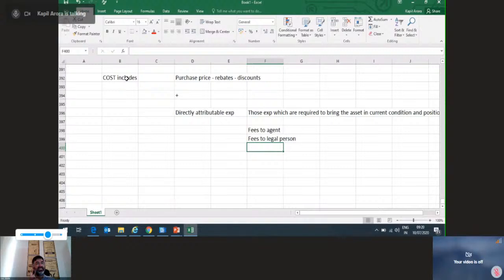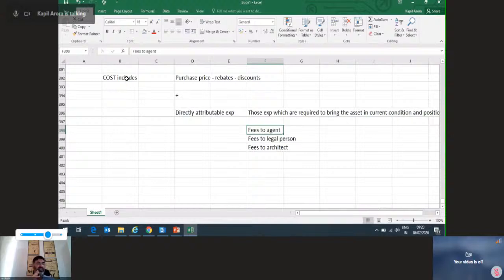So fees to agent, fees to legal person, fees to architect. For example, you are constructing a building. Without involving an architect, you cannot design the asset. You cannot construct everything yourself. You have to involve the architect. So all these amounts which are required in nature will be added in the value of asset.